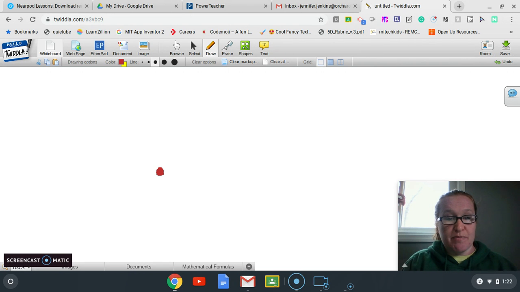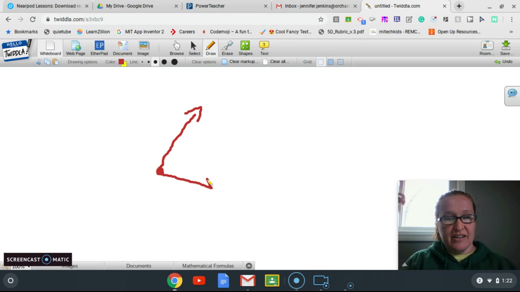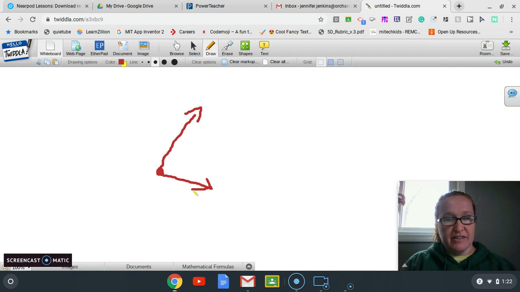A ray is something that starts at one point and goes on and on, pretend that line is straight, on and on in one direction. And here's another ray. It's going to go on and on in another direction. They both start at the same vertex, and then one ray shoots one way, and one ray shoots the other way.